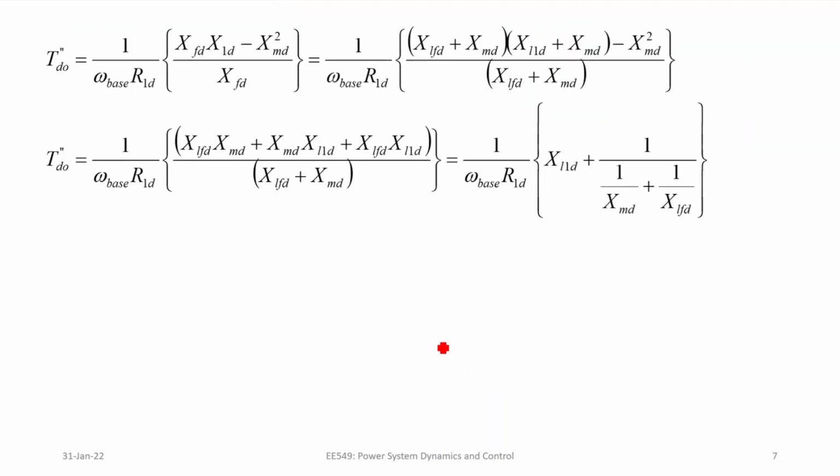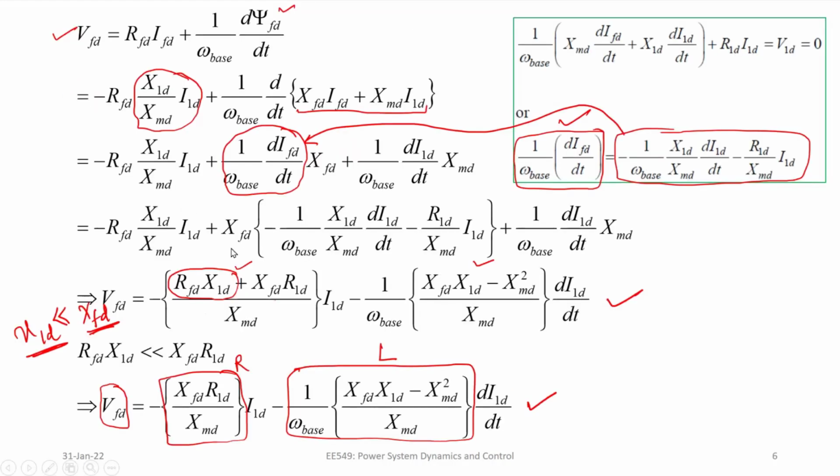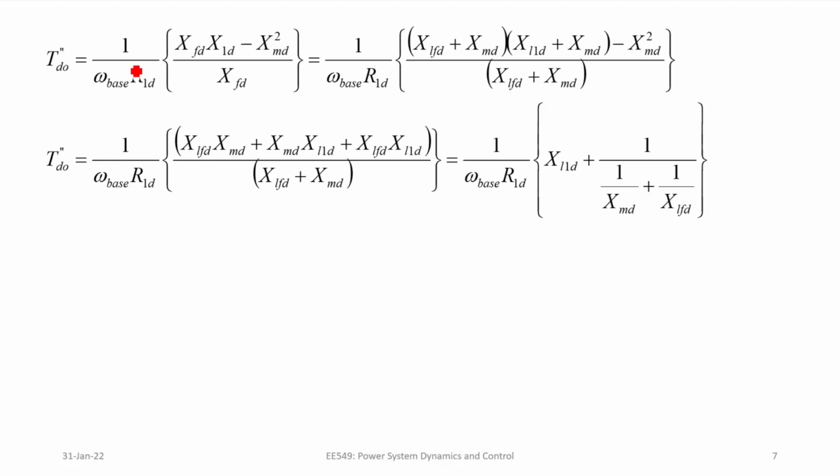So now if I divide, I'll find the expression T'd0 double dash, that is the open circuit d-axis subtransient time constant, which will be just dividing those two terms, we'll get this term: 1 by omega base R1D into XFD X1D minus XMD square by XFD.